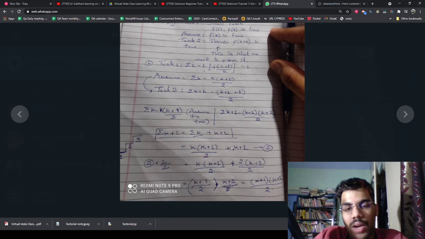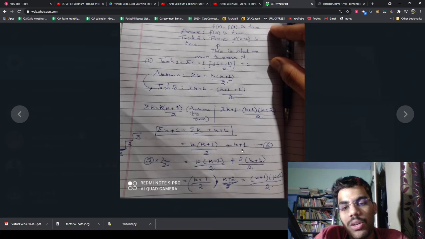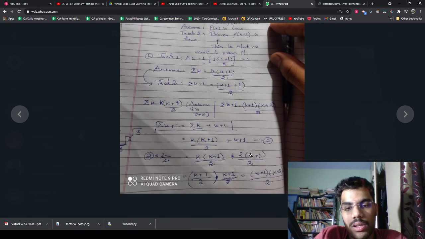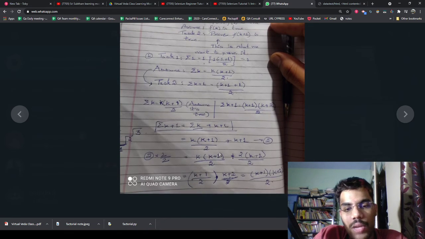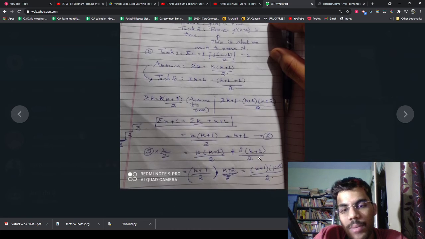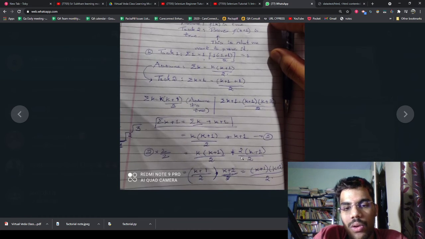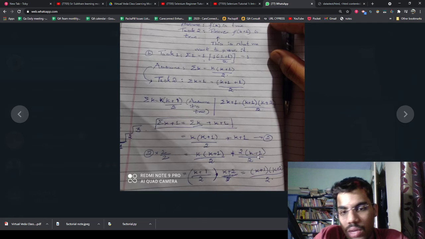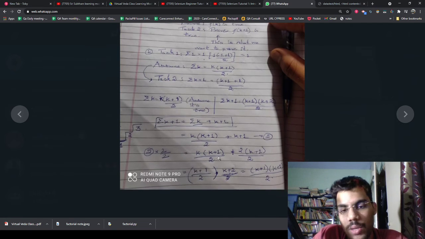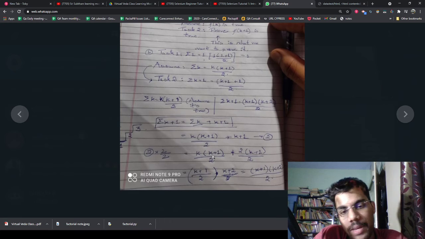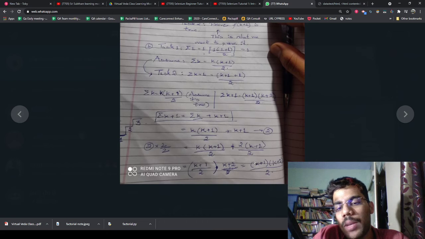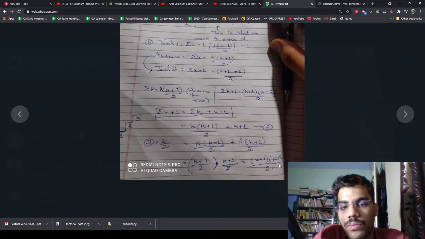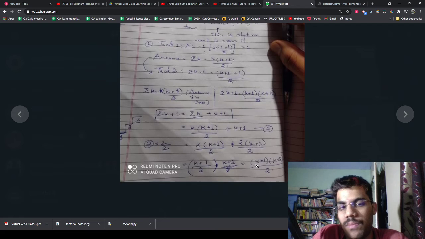So what we can do here, we can multiply by 2 and divide by 2 into k plus 1. We got k into k plus 1 divided by 2 plus 2 into k plus 1 divided by 2. What is common here, k plus 1 divided by 2, we take as common, then k plus 2 remains behind. So we get k plus 1 into k plus 2 divided by 2. This is the right hand side.